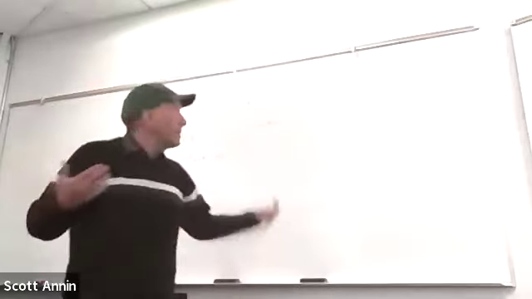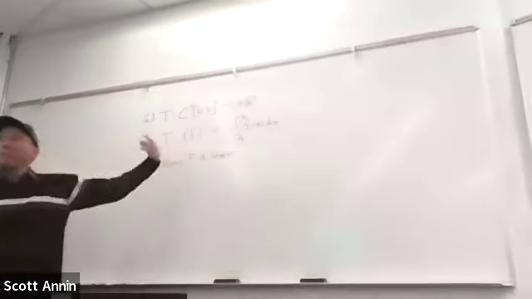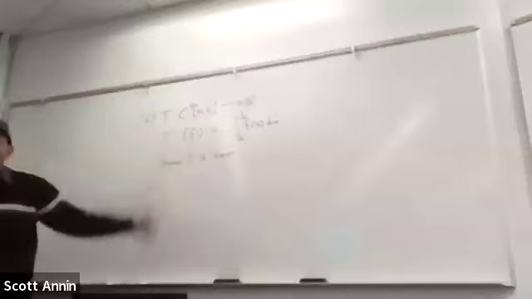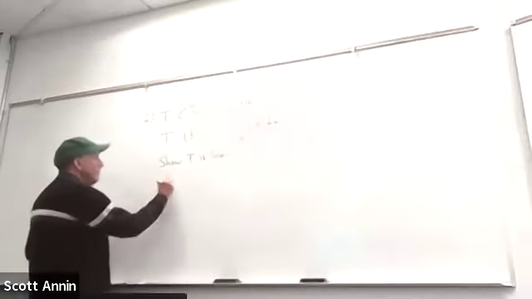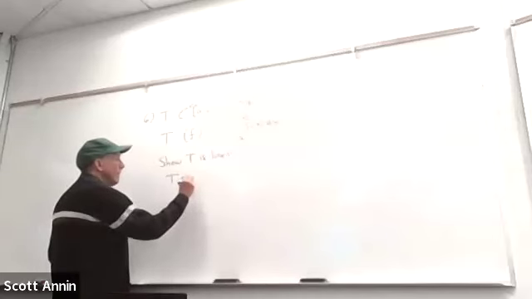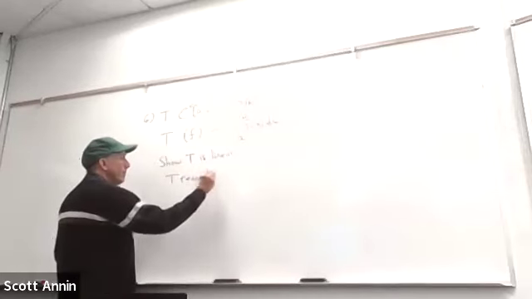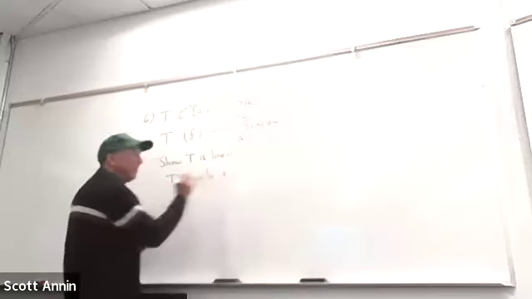Since we're showing that T is linear, I don't need to do the zero vector check, although you easily could. Let's just start showing that T will respect addition and scalar multiplication. So T respects addition.